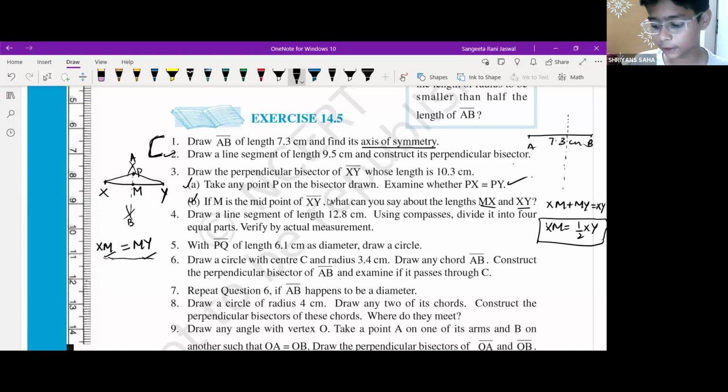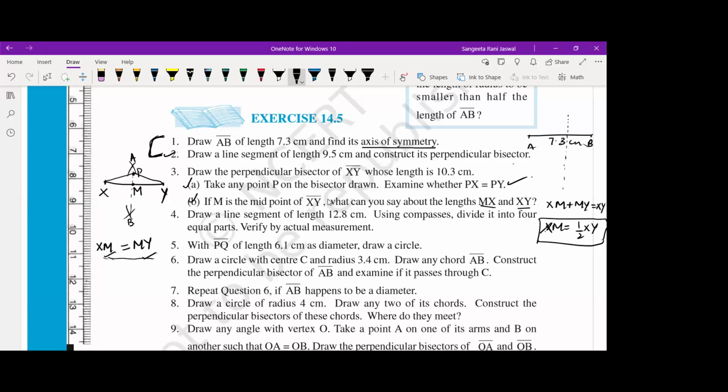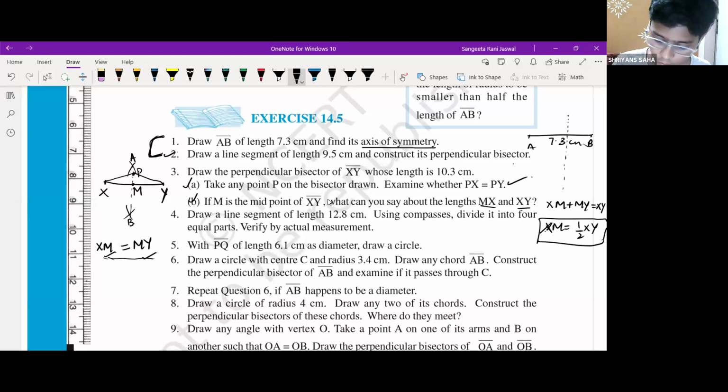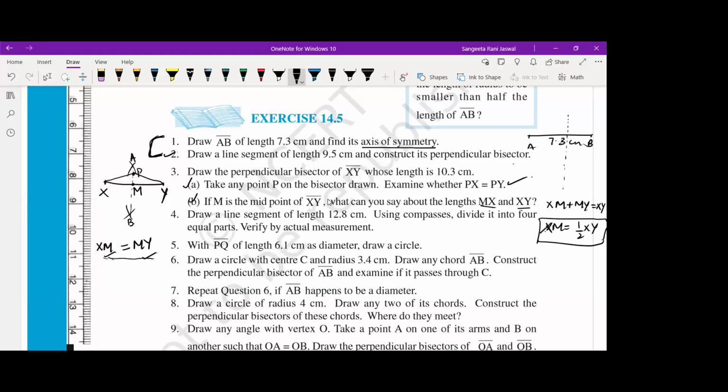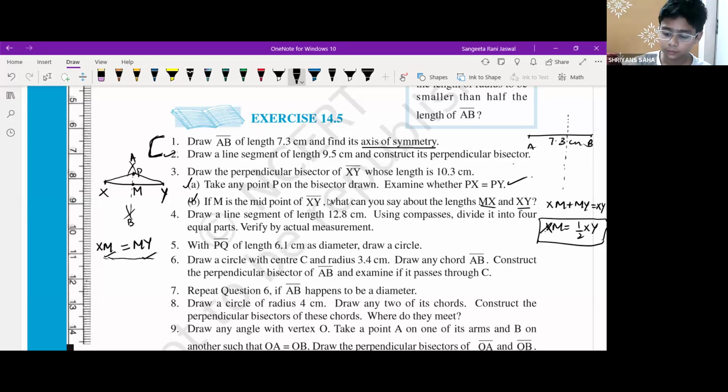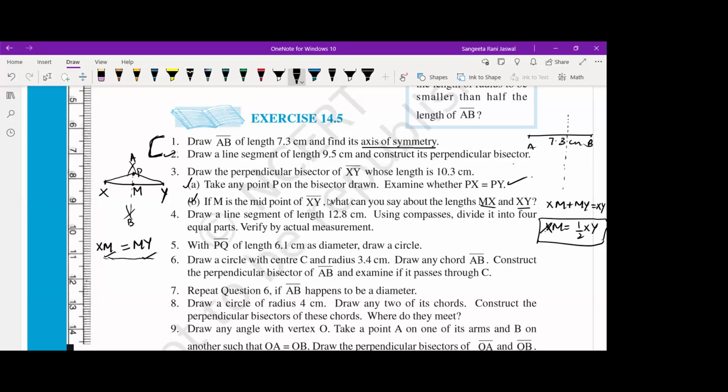After constructing the perpendicular bisector, take a point P on AB. You have taken the perpendicular bisector as AB, no? So take a point P on AB, join PX and PY.